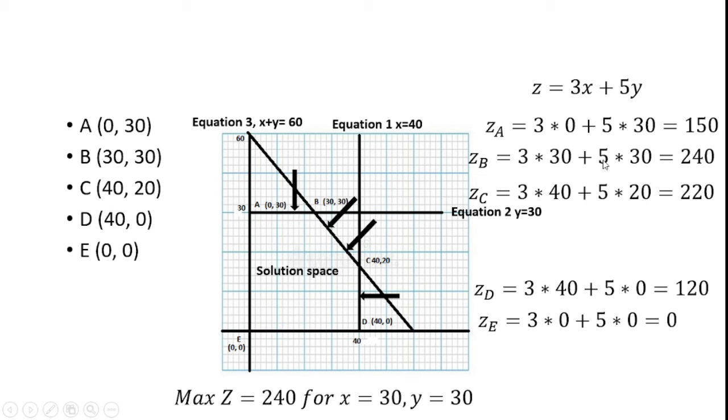Here 3 into 30 plus 5 into 30, likewise I get 240, because I got the B point from the solution space as 30 comma 30, so I get 240 from the B point, which is called ZB. Then ZC I find similarly. So 40 comma 20, I substitute 40 for x and 20 for y, so I can get 220, and then I substitute the D value into the objective function equation.